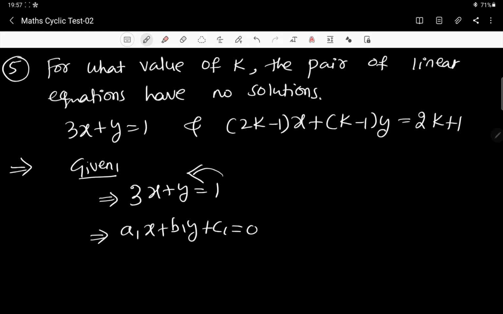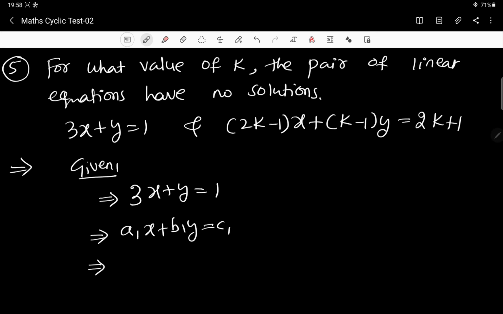Not always. That is a compulsory condition only in the cross multiplication method. Whenever we are doing the cross multiplication method, only in that condition does it become mandatory. In these equations we can directly compare with a1x plus b1y equal to c1, no issues.